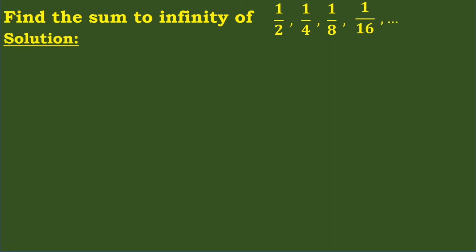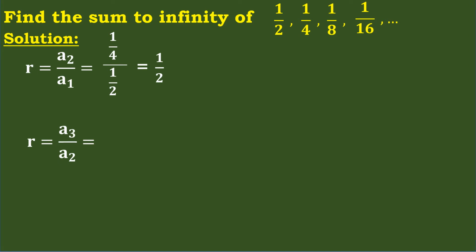Next example. Find the sum to infinity of 1/2, 1/4, 1/8, 1/16, and so on. Solution. Let us get the common ratio of the second term divided by the first term. So 1/4 divided by 1/2 equals 1/2.